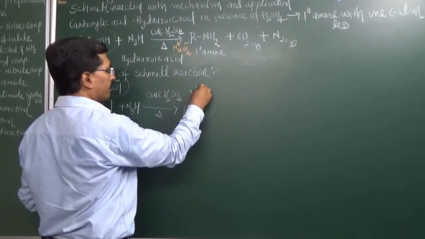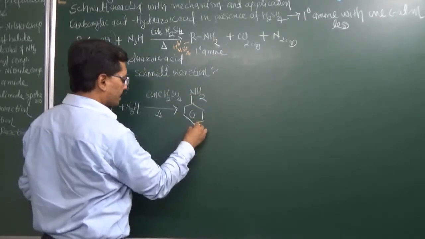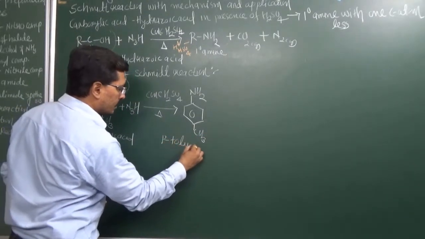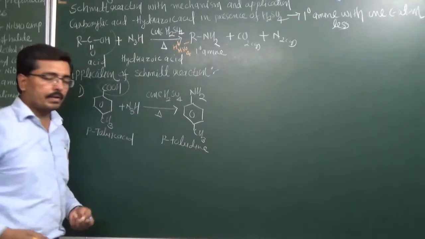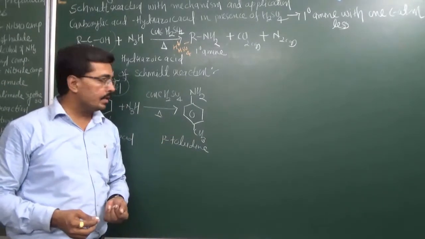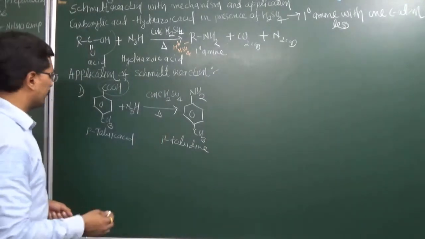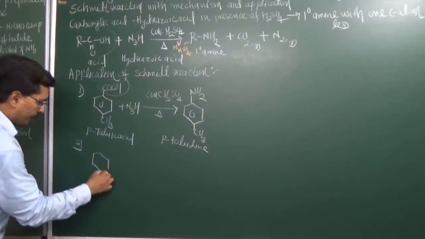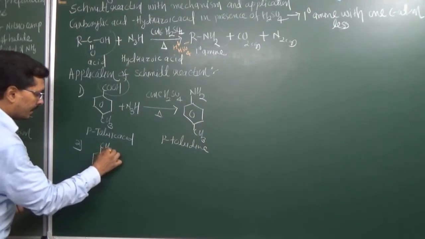The structure obtained is para-toluidine, or we can write 4-amino-toluene.